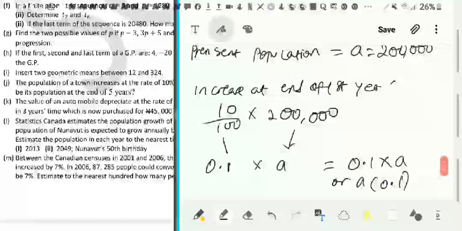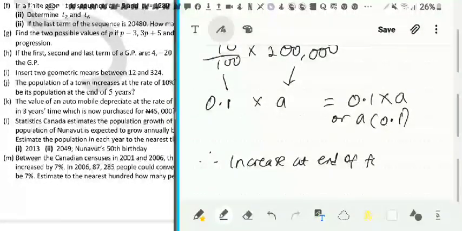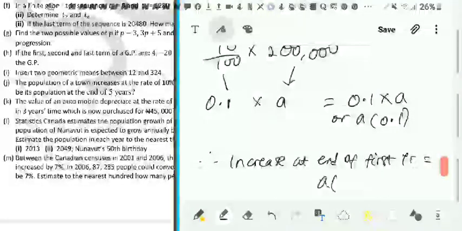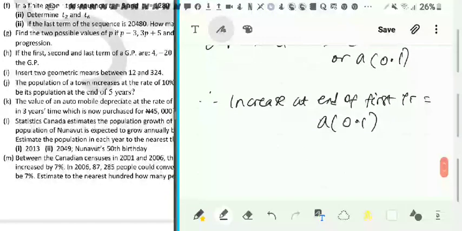It's the same thing. That's 200,000 multiplied by 0.1. If you put that in the calculator, you will get 20,000.